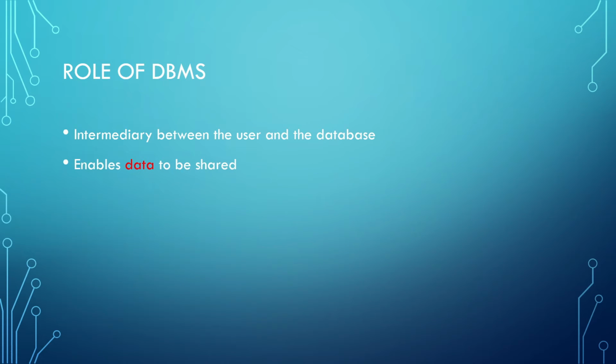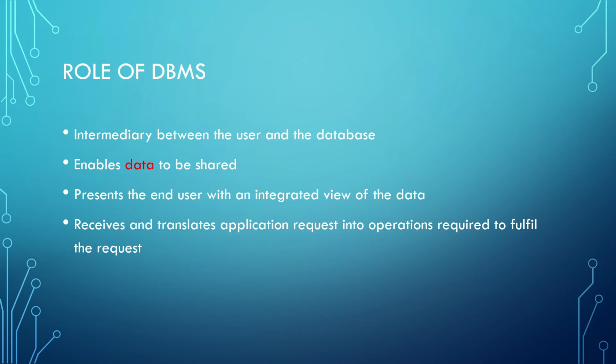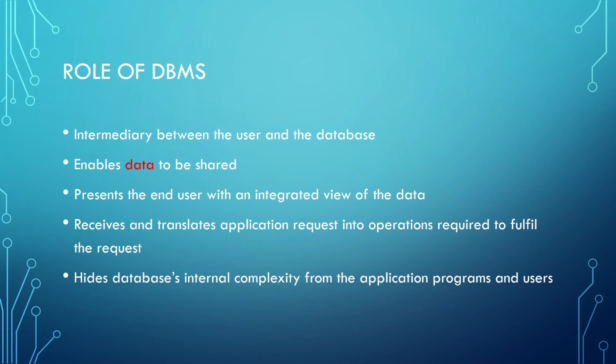It enables data to be shared and presents the end user with an integrated view of the data, and receives and translates application requests into operations required to fulfill the request. It also hides the database's internal complexity from the application programs and the application users.